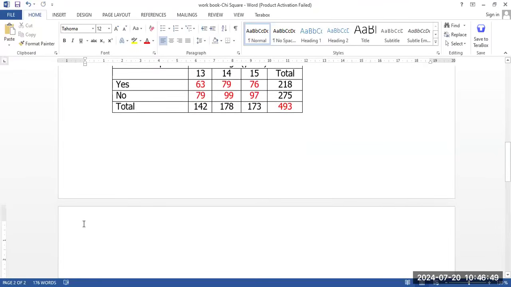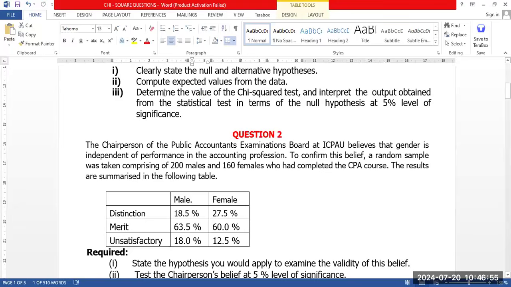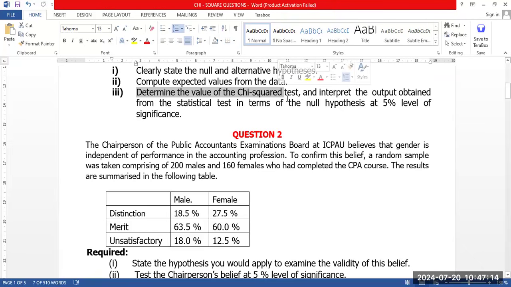Our next question, Roman 3, they are telling us that we determine the value of the chi-squared test and interpret. If they say you determine the value of the chi-squared test, this is the computed value. Then after computing that, you're going to interpret the output obtained from the statistical test.